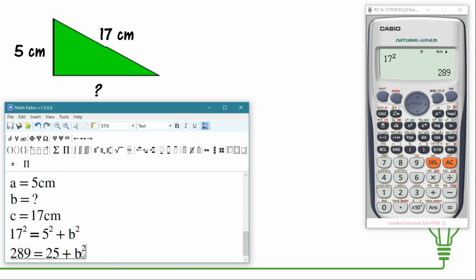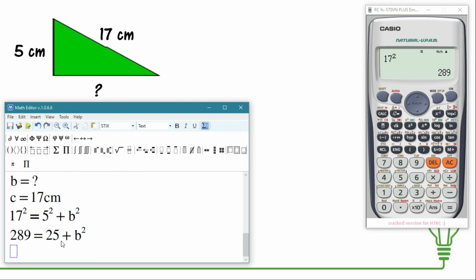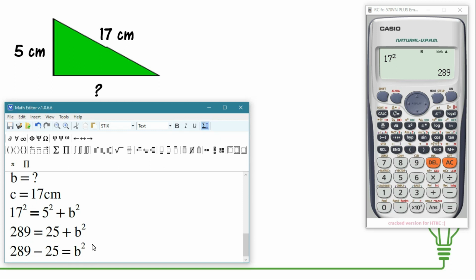Since hindi naman natin malalagay ng value si B, since B is unknown. Okay? So what we're going to do ay pagsasama-samahin natin kung ano yung pwede nating pagsamahin. Since si 25 ay nasa kabilang side ng equation, ang gagawin natin is itatranspose natin siya by adding both sides by negative 25, making it 289 minus 25 equals B squared.